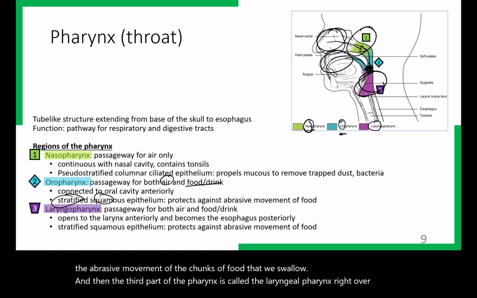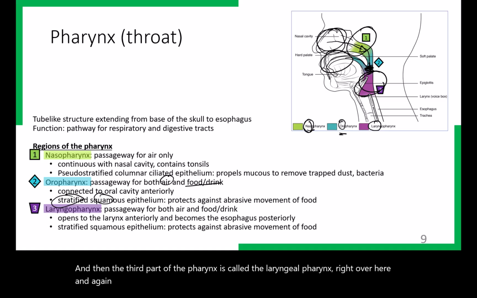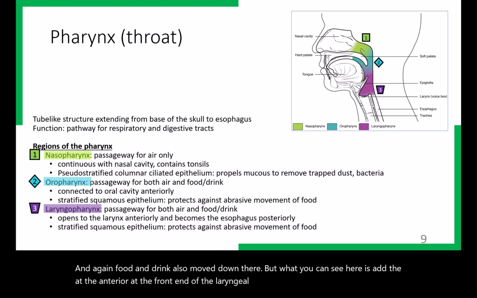And then the third part of the pharynx is called the laryngopharynx, right over here. Again, food and drink also move down there. But what you can see here is that at the anterior, the front end of the laryngopharynx, you've got this epiglottis.